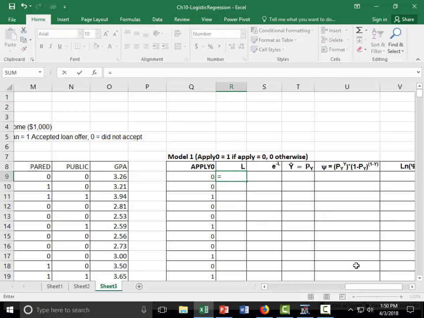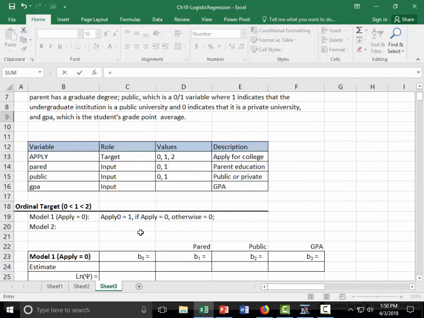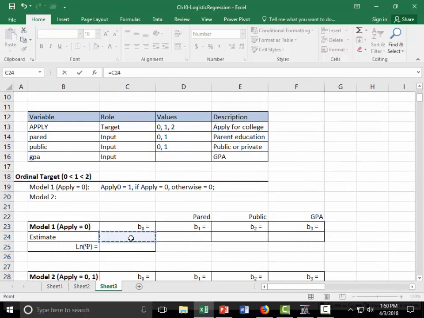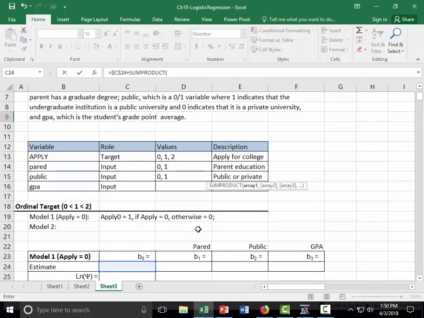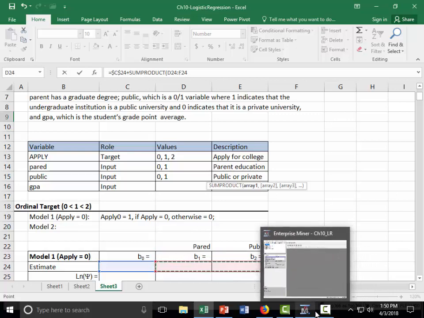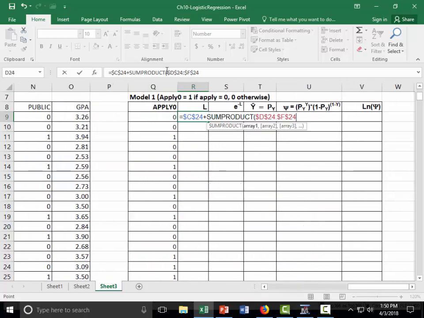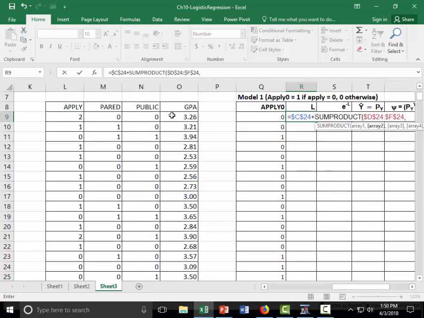So this will be B sub 0, and we'll absolute reference that, okay, plus some product of the slope coefficients, and we need to absolute reference that with these three columns.